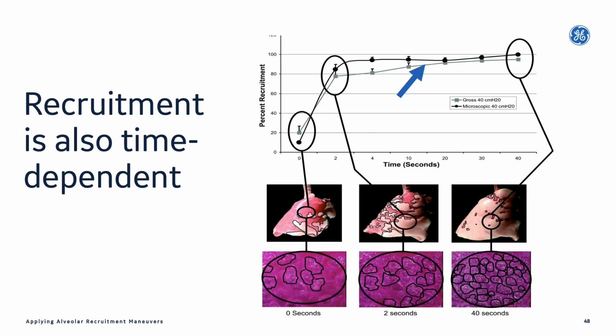So the recommendation is to keep recruitment maneuvers at the lowest pressure possible for the shortest period of time. And the recommendation is to start at 40 centimeters of water for about 7 to 10 seconds.